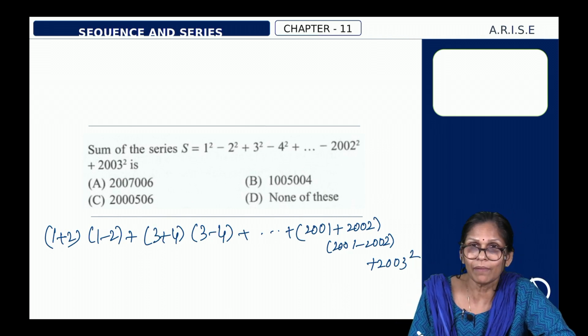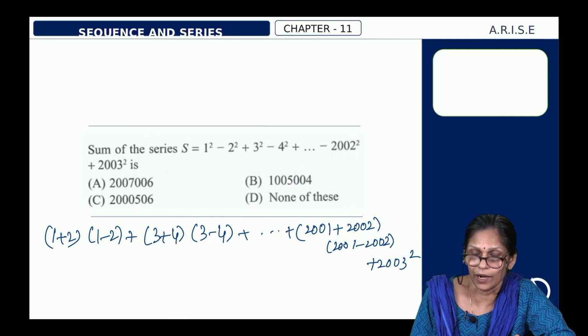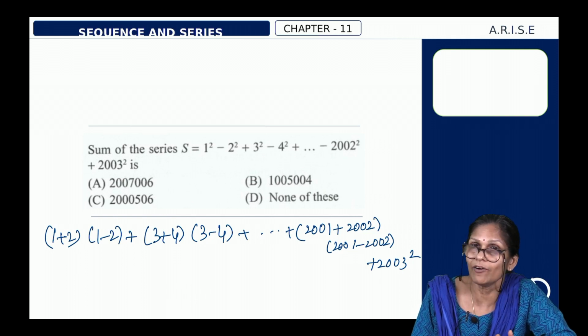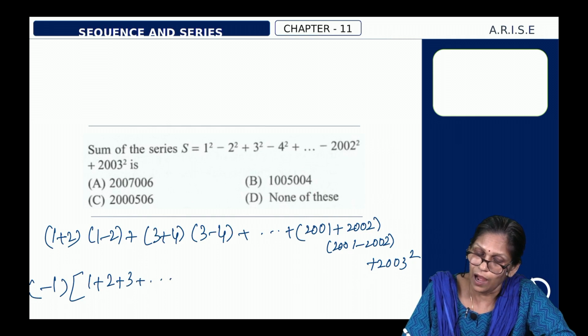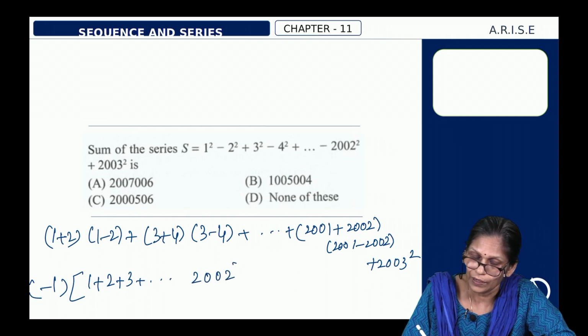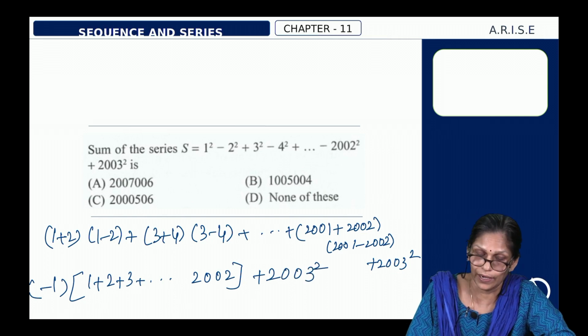Now look at each of these. 1 minus 2, 3 minus 4, they are all equal to minus 1. So all these terms have a minus 1 which is a common factor and can be taken out. Minus 1 into, what is it that remains? 1 plus 2 plus 3 plus etc. up to 2002, and then there is this unpaired 2003 the whole square.